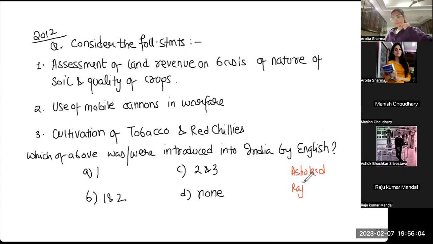Raju is saying C. Vatsalya is saying D. Ishwar is saying C. 4 students have answered the question. What about the rest of the 4?